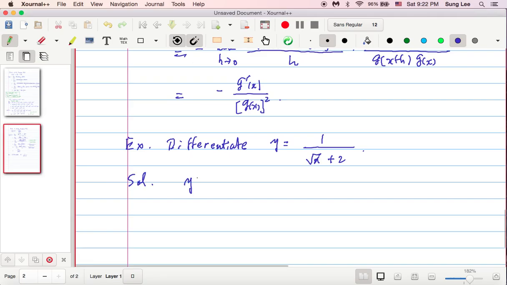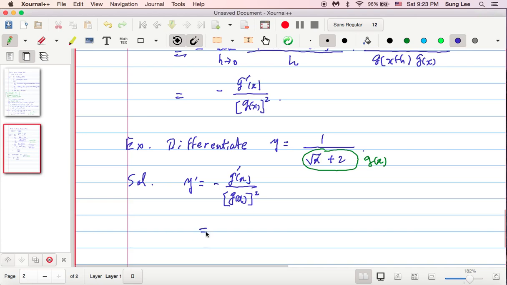So y prime in this case, this is g. That's the function g here, that's g of x. Using the baby quotient rule, that's going to be negative g prime of x over g of x squared.